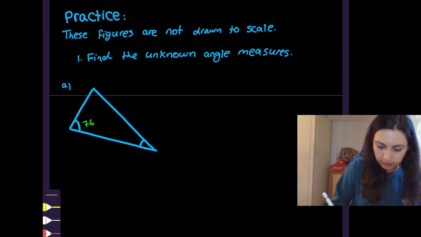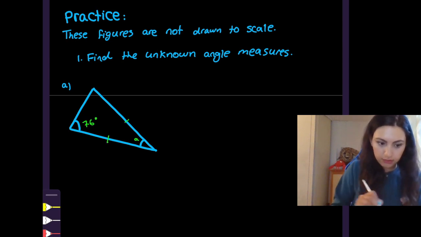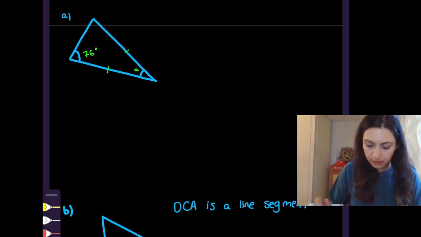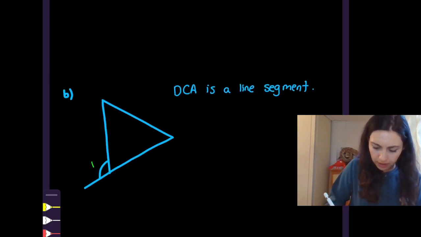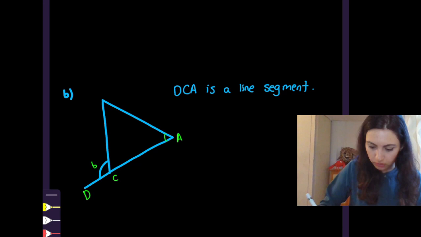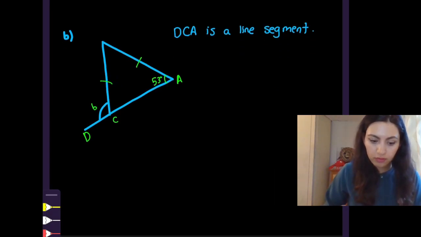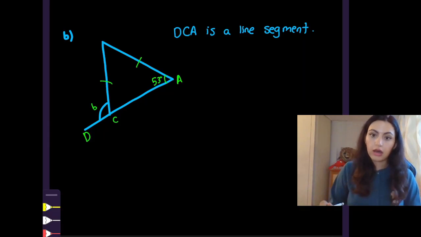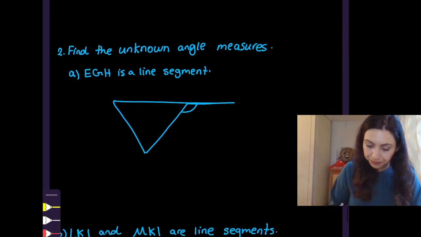This one is 76 degrees as given. These two sides are the same. This is angle A. And for B, you have the outside. This is C, D. The angle A is also given as 53 degrees. These two sides are the same.